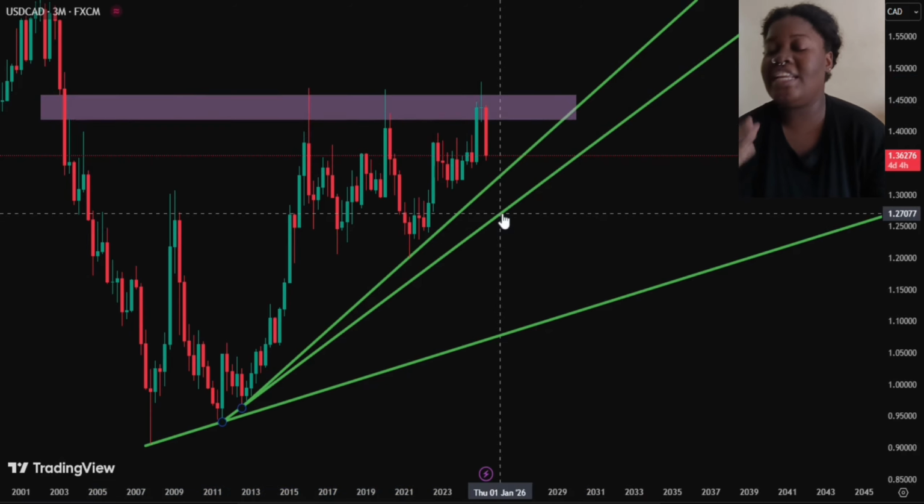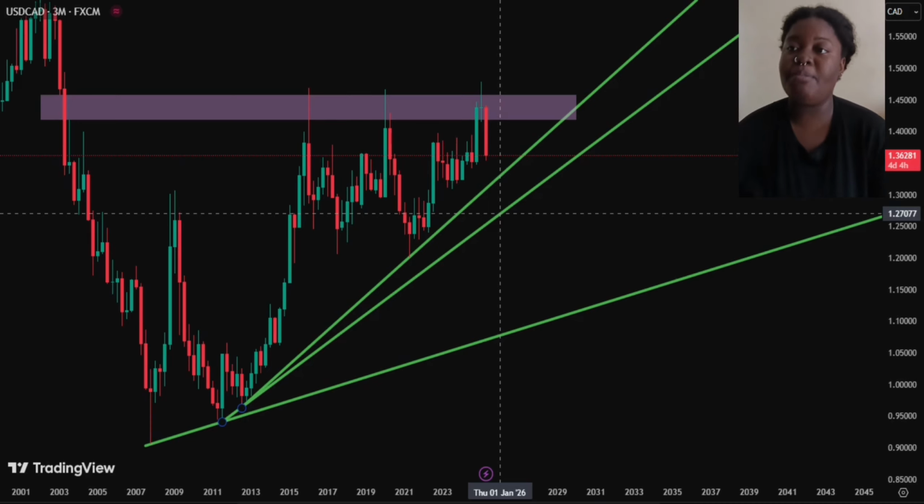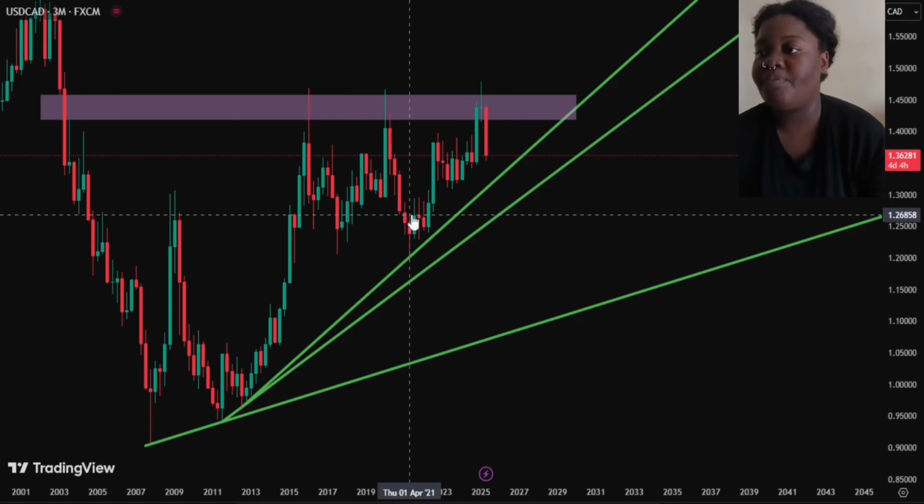In areas of consolidation, the trend lines are redundant because the trend line signifies a trend, and if the trend is going sideways, it's going to constantly break a trend line and give you false signals. So the trend lines are redundant. I'm going to still keep it there, but they're very redundant.